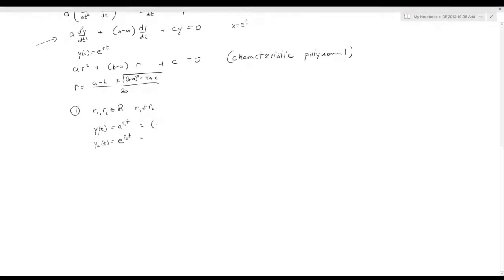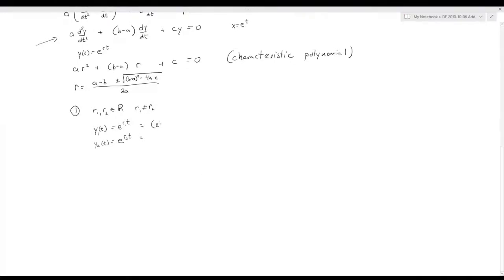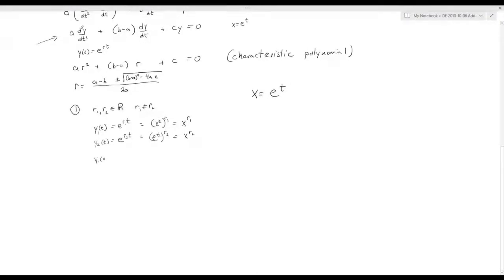Now we just use properties of exponents to see what the fundamental solution set is in terms of the original independent variable x. Remember that x is e to the t, so that's x to the r1. Likewise here, it's x to the r2. So the fundamental solution set in terms of the independent variable x to the original equation is so.